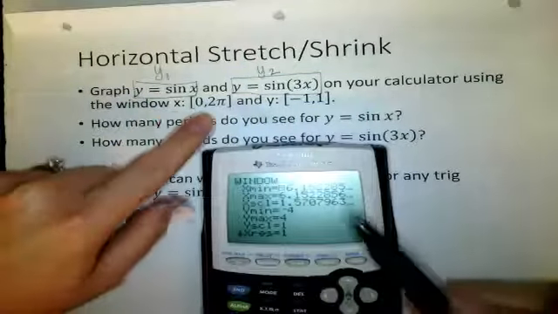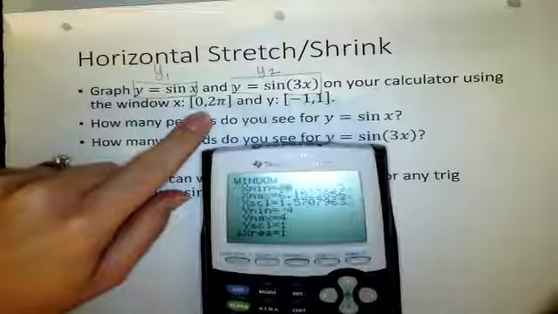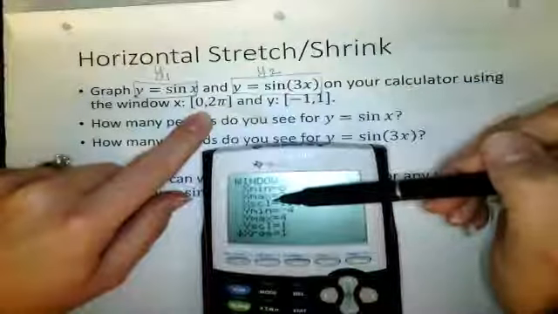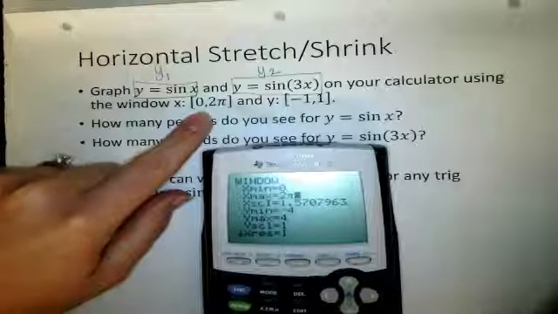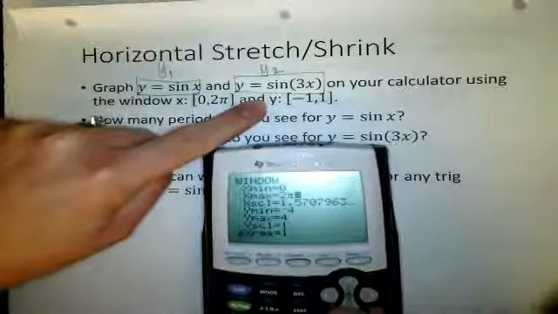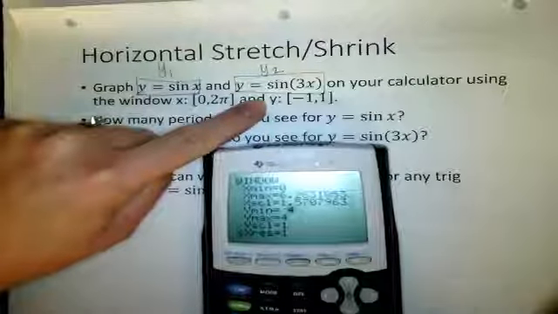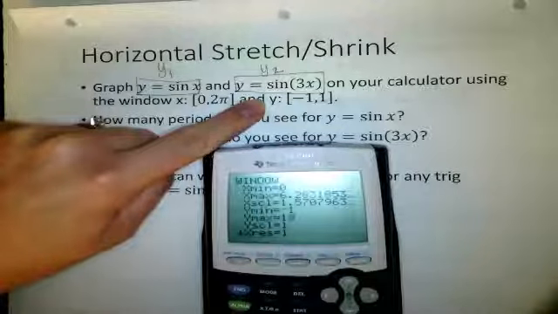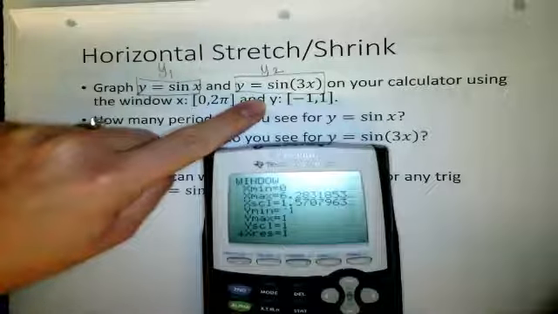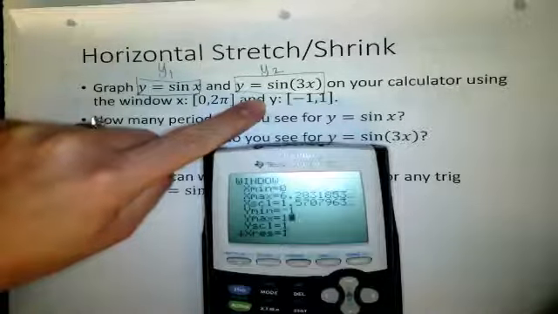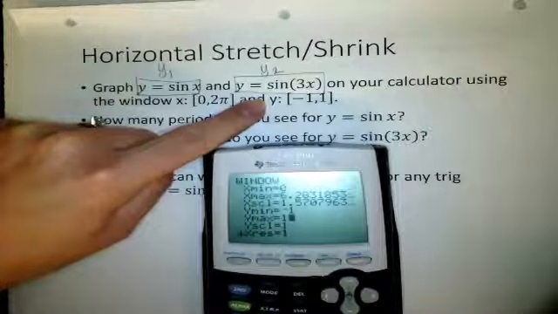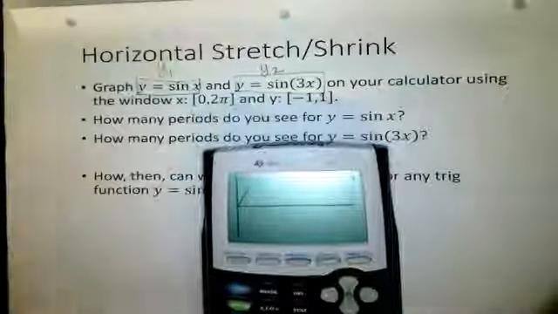And we want the X values to go from 0 to 2 pi, for the X min and X max. And then on the Y min and Y max, we're just going to go from -1 to 1. If you have a Casio, let me know. You good? You got it? Okay. And then you can graph that.